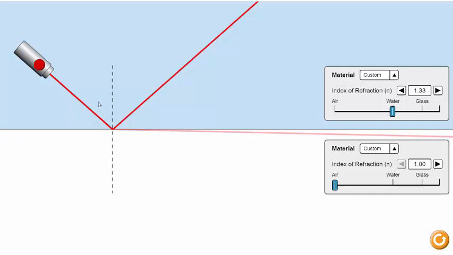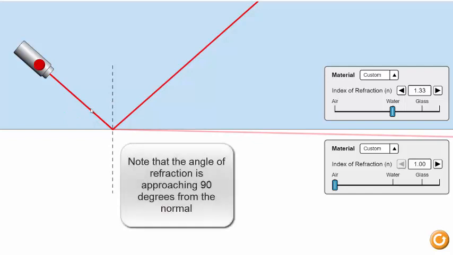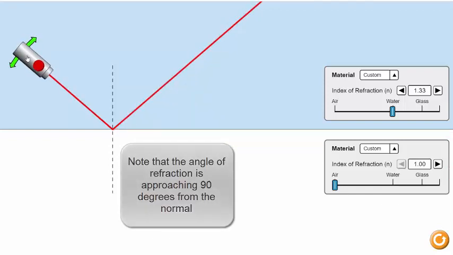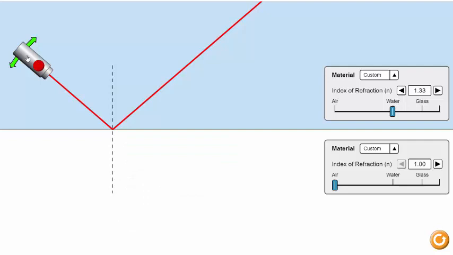So this becomes the critical angle, our angle of incidence, when our angle of refraction becomes close to 90 degrees in the air. If we increase the angle by a tiny fraction of maybe a couple degrees here, suddenly the light is trapped inside of the water and can't get out.